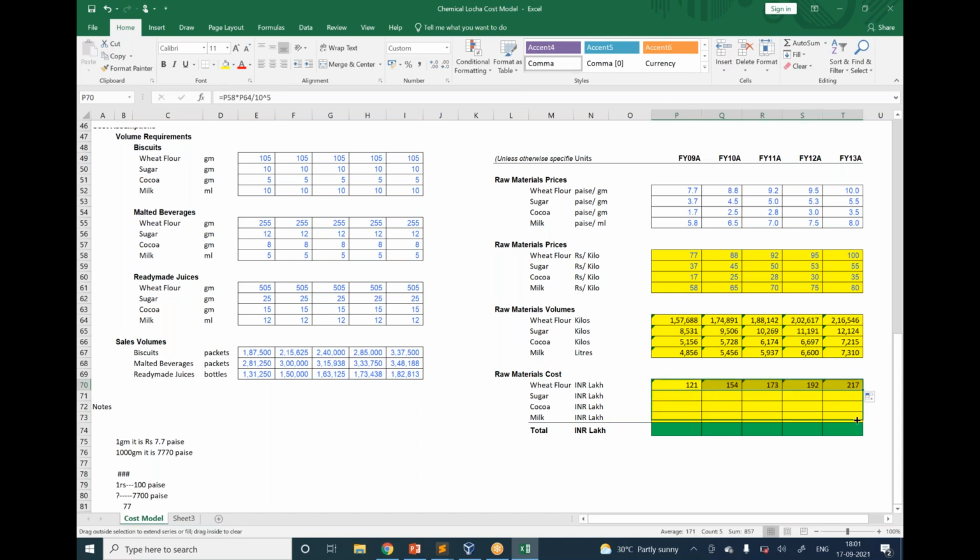Right click, drag it down, and you add up. This is the answer, friends. 128, 163, 184, 205, and 232. Yes. I think Nandini, Mayuri, Brinda, they were able to solve.